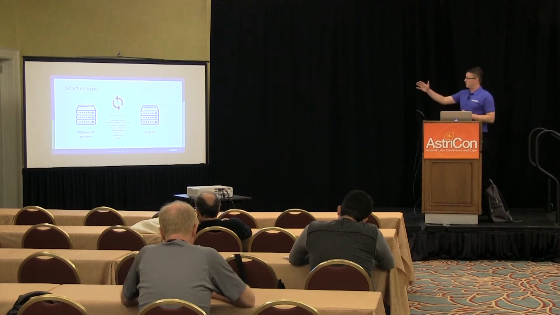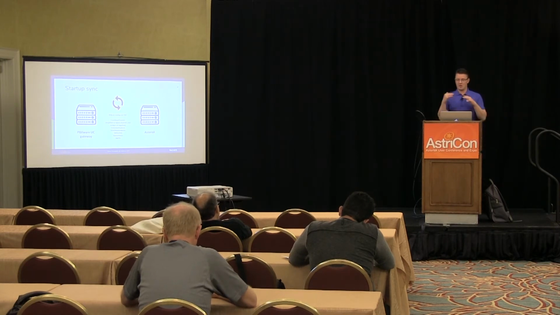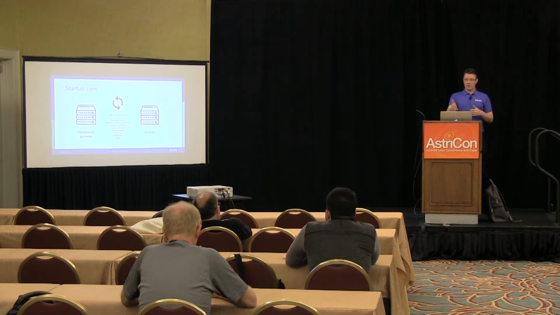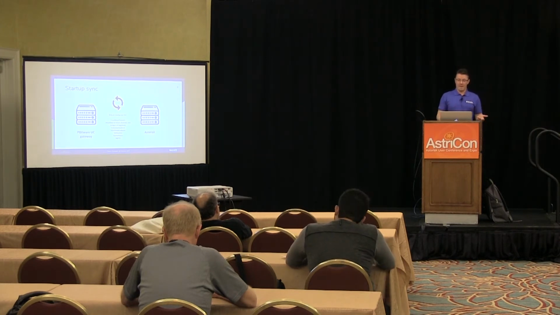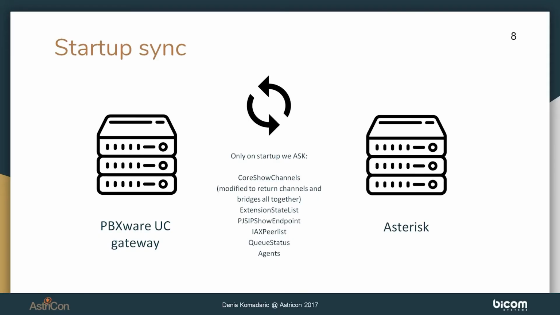I will now show the startup sync. We want to avoid doing this as much as possible. So that's why this UC gateway, the PBXware UC gateway, only asks for this when we start our solution. Because of the lack of system snapshots, as I said, we really try to just ask on the startup of the application, and we forget about asking Asterisk anything else while our solution is running.